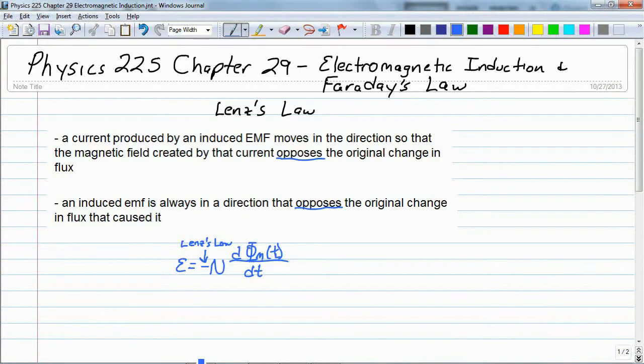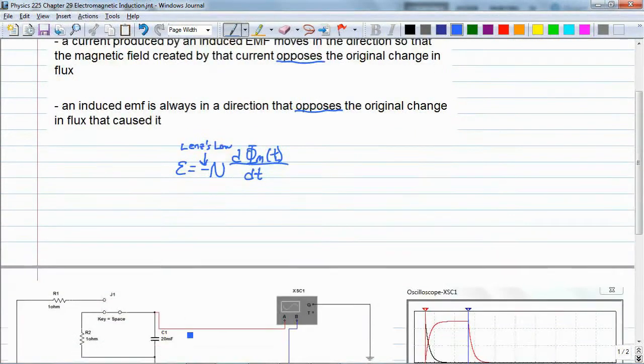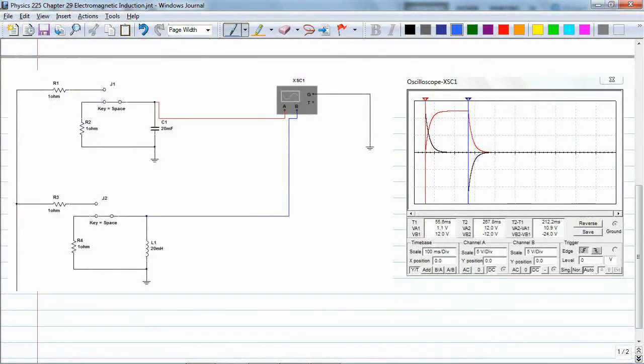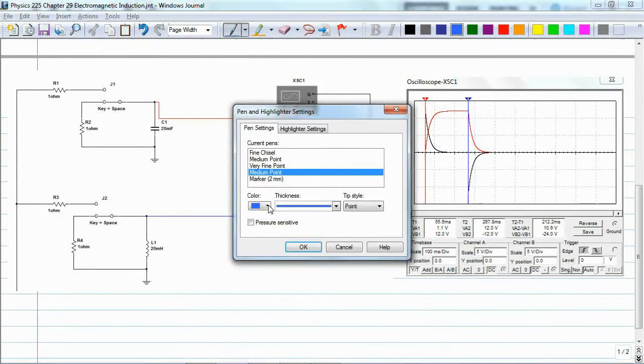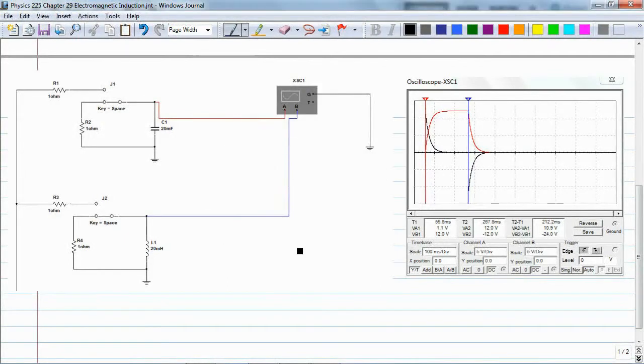And we're going to look at an electronic circuit. So we're going to relate the flux in this coil, this inductor, to a current. But I think it'll make the point for us here. So at the start, there's a 12 volt potential here.